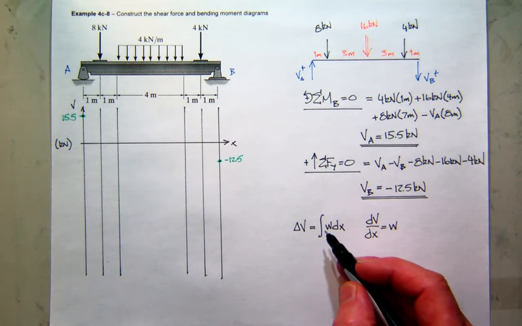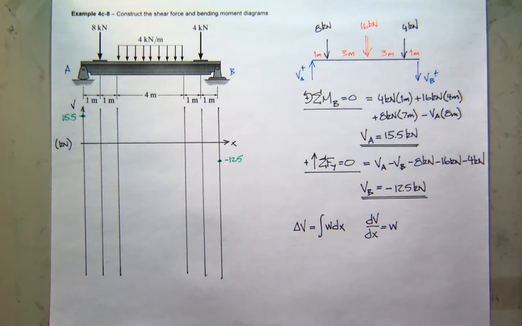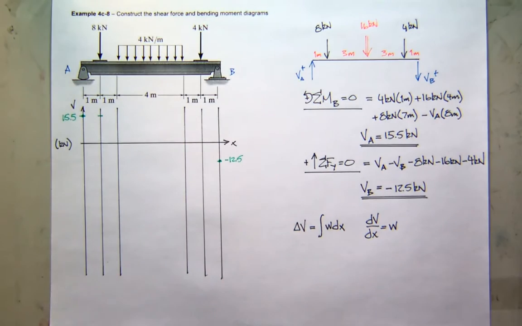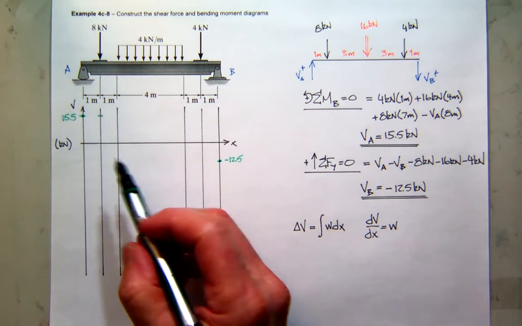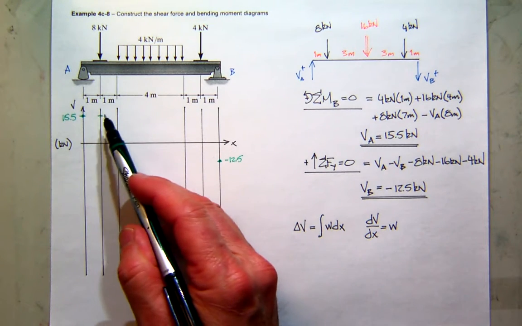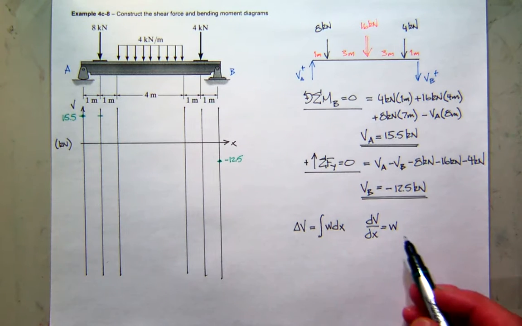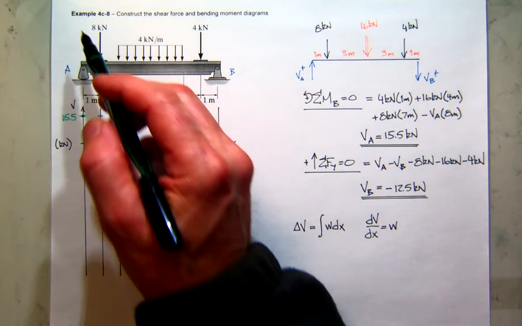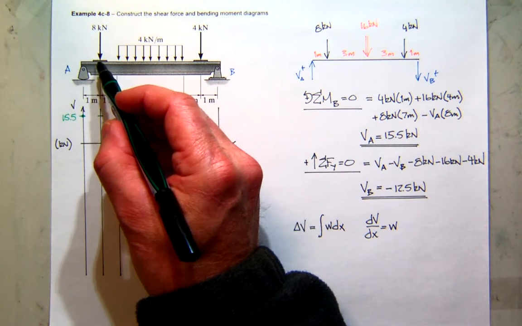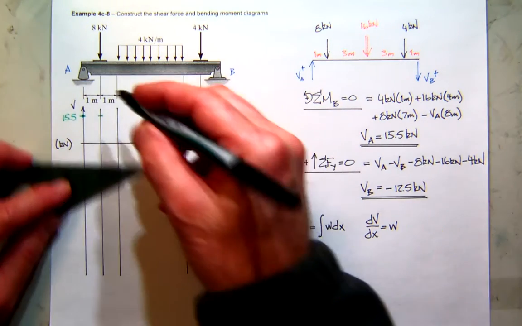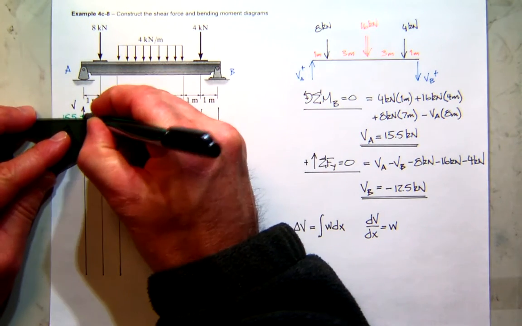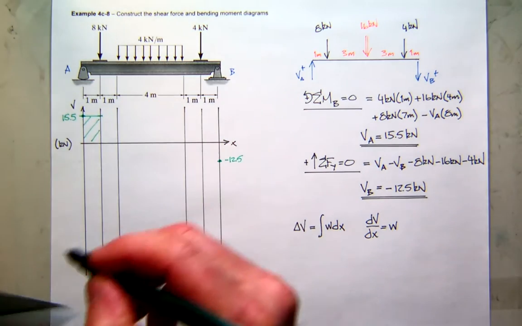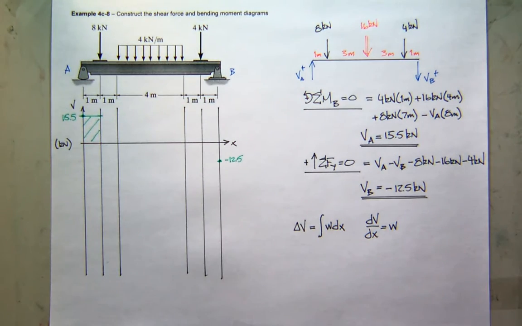So the area of that is 0. So there is no change in shear. So my shear should stay at 15.5. What kind of curve should connect those 2 points? Well, according to my relationship, it should be a slope given by the load. And what's the value of the load everywhere in the first meter? 0. So 0 slope is a horizontal line. So it looks like we've got a constant value for the shear over the first meter.